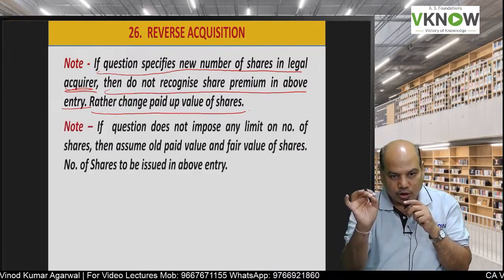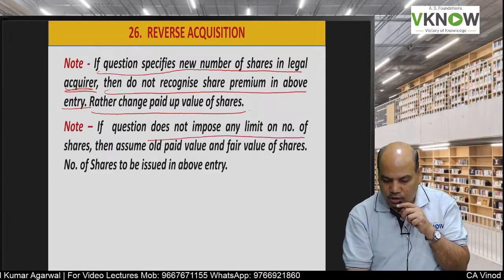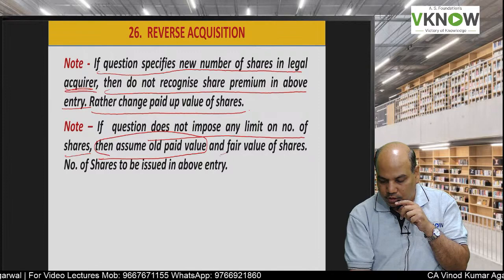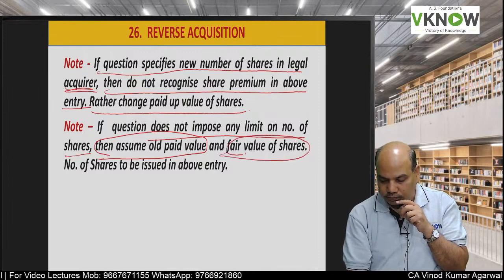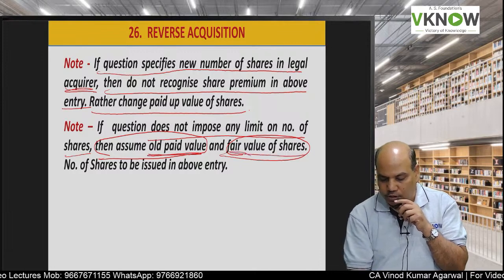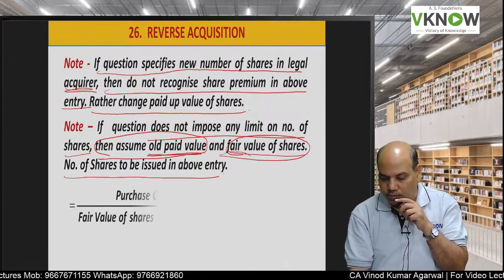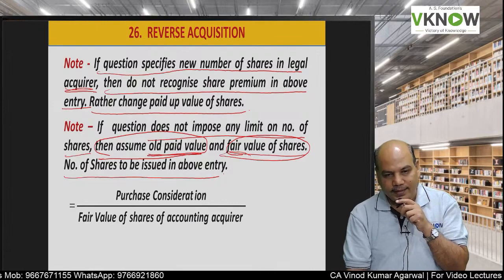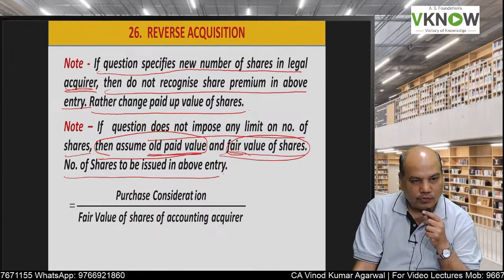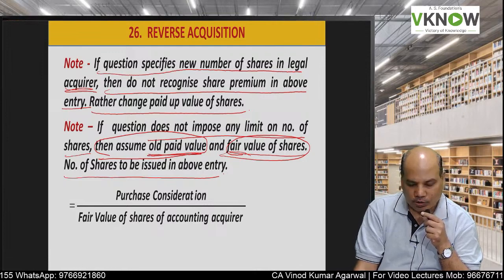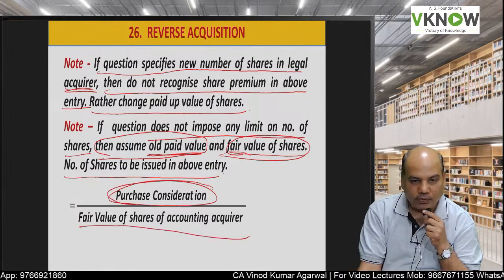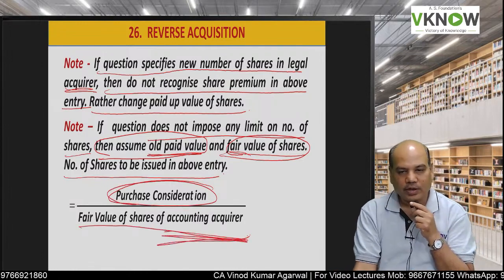If the question does not give you any limit on the number of share, then assume old paid value and fair value of share. Number of share to be issued will be, in case of reverse acquisition, if the institute does not give you number of share, then the number of share issued will be purchase consideration divided by fair value of accounting acquirer.